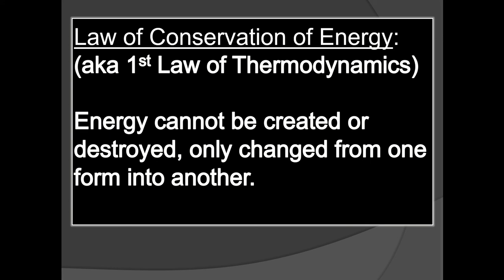So if you have a closed system, which means you have a finite amount of energy in it, then all you're going to do is change it from one form to another. You won't be able to lose or gain any energy. For most problems that we're going to be doing, we're going to be dealing with closed systems, which means we're not going to have losses due to heat or friction or air resistance or anything like that.